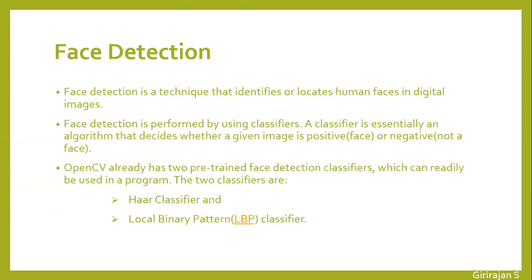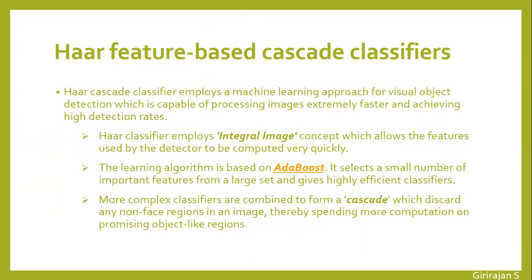Fortunately, OpenCV already has two pre-trained face detection classifiers, each of which can rapidly be used in a program. The two classifiers are the Haar classifier and the local binary pattern classifier. In this tutorial, we're going to see the Haar feature-based cascade classifier.